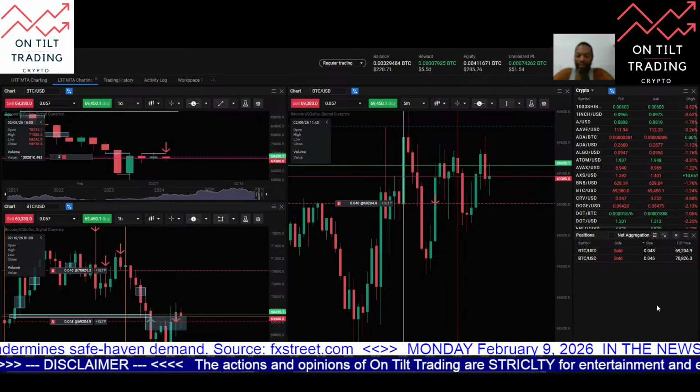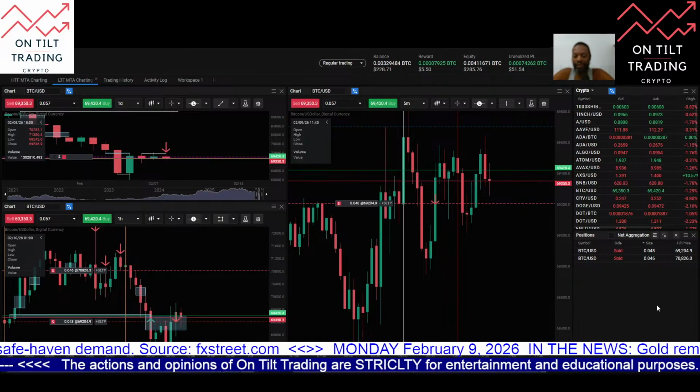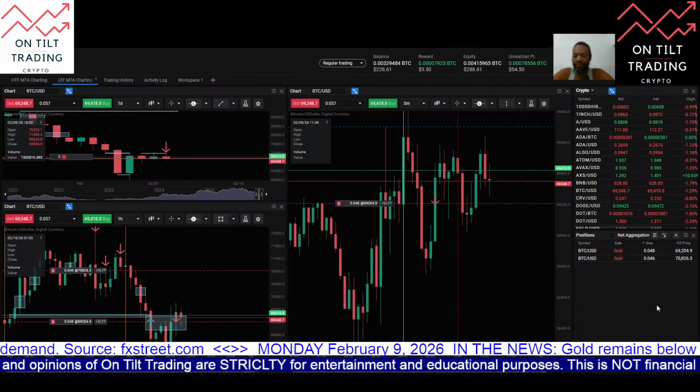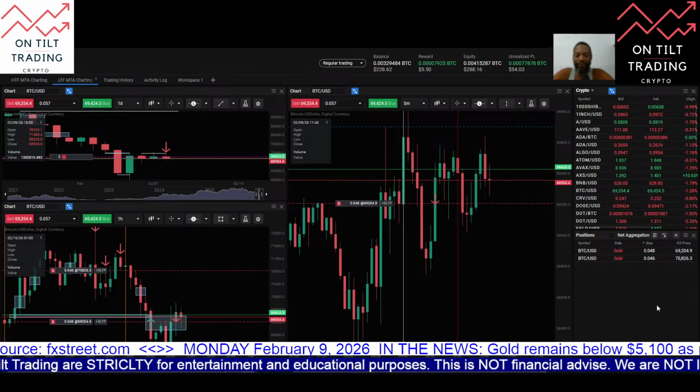Price still consolidating within this range. Less than 1 minute remaining in the current 5-minute candle. $69,350 sell side.